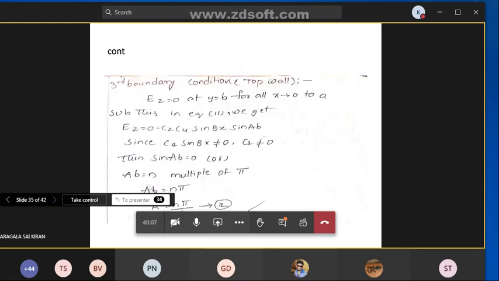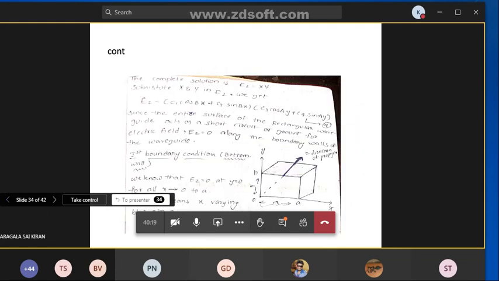Next, the third boundary condition is the top wall. So Ez equal to 0 at y equal to b.